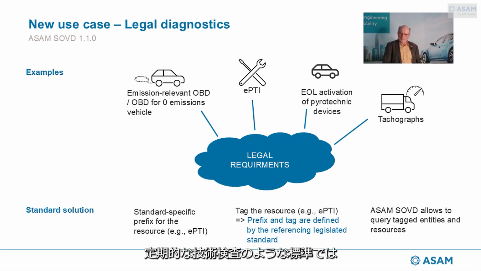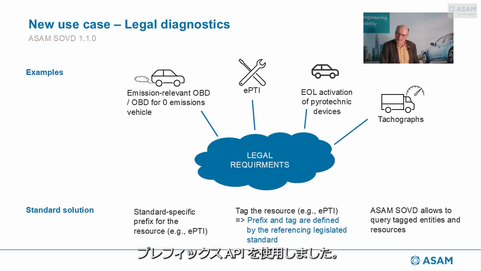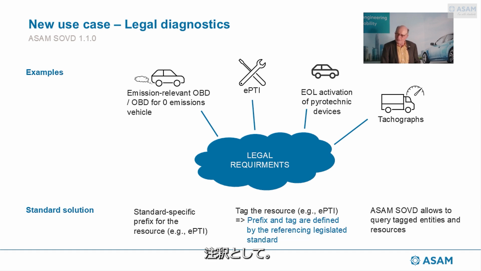Here we say a standard like the periodical technical inspection can introduce a prefix. We have used the prefix APTI, but it's not standardized. The PTI group can name it Anton if they want. And then they have to tag all the resources in the capability description with Anton.